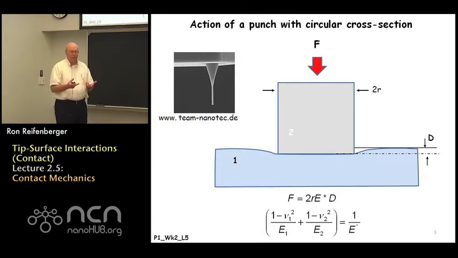Then from mechanics, you can calculate that the deformation depends, as shown in the equation underneath this slab. The deformation is linearly proportional to the force. The proportionality constant is this quantity E star that's defined.